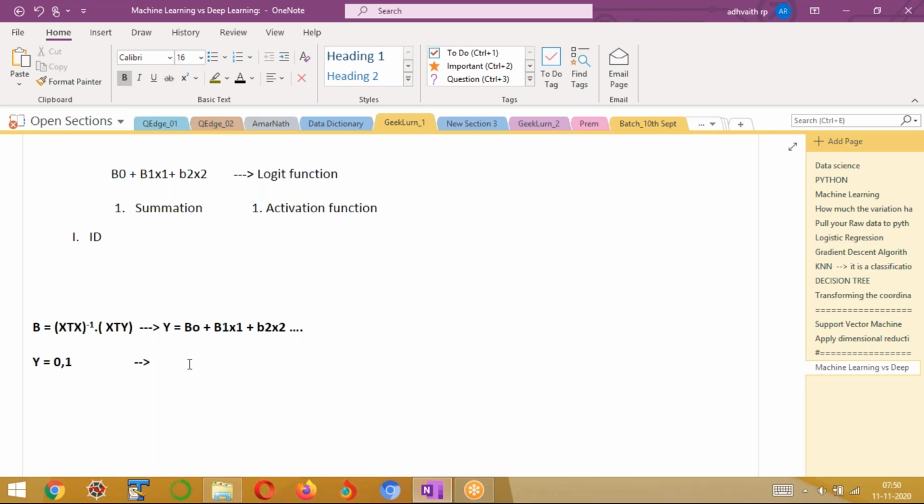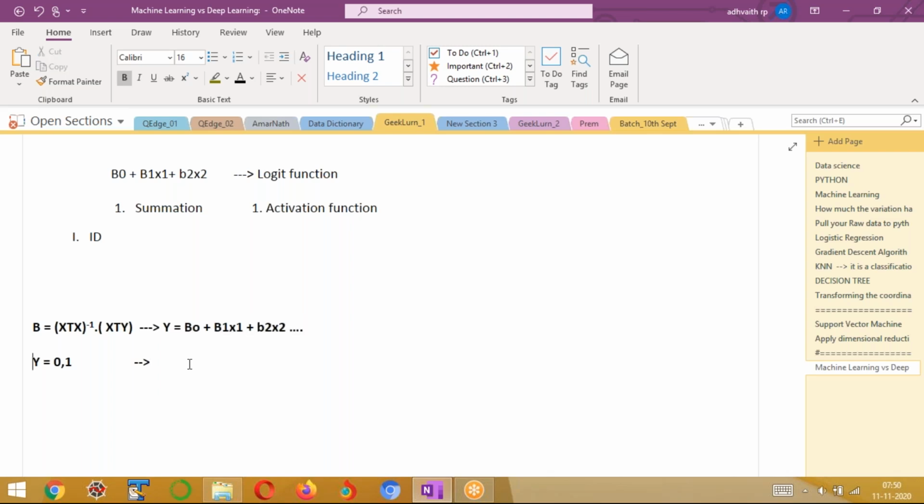This formula, you remember your linear algebra formula? This is what I used, right? After using those formulas, we are able to calculate this equation, whatever it is, like beta 0 plus beta 1 into x1 plus beta 2 x2.